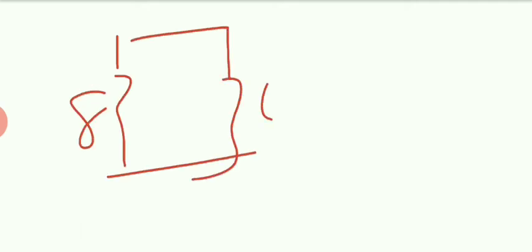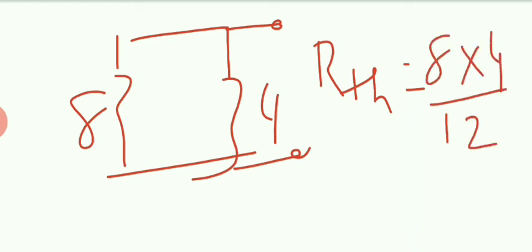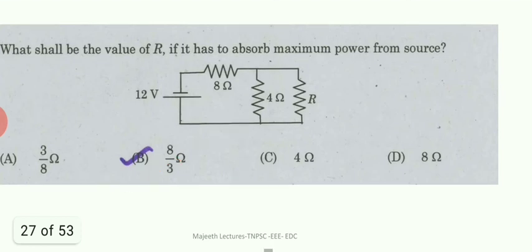So this is 8 ohm, this is 4 ohm. They are parallel, and the load is opened. So RTH is 8 into 4 divided by 8 plus 4, 12. So 32 by 12, that is equal to 8 by 3. So the answer is 8 by 3 ohm. That is the correct answer.